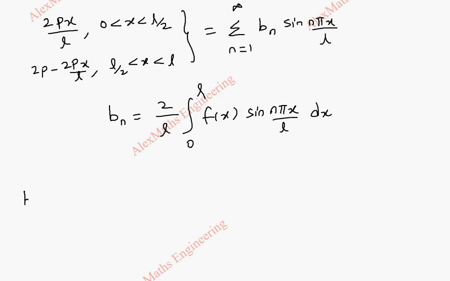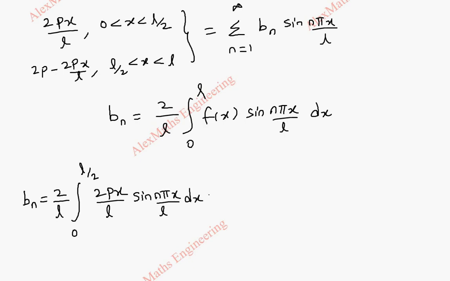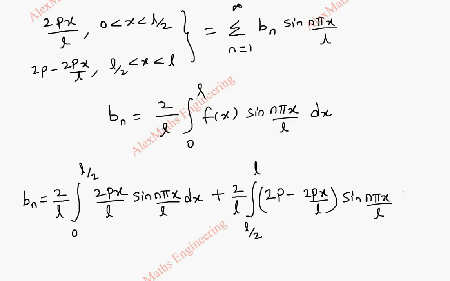So bn equal to 2 by L integral 0 to L by 2, f of x is 2px by L into sine n pi x by L dx, plus 2 by L integral L by 2 till L, and this time f of x is 2p minus 2px by L into sine n pi x by L dx.